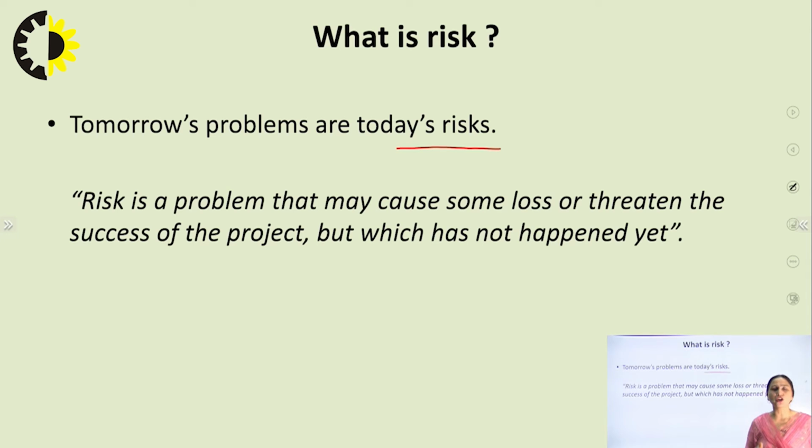That means some sort of issue which is going to threaten the success of the project, or due to which we can lose something, but that scenario has not happened yet, then we can say that this is the risk. So this is the problem which can cause loss or threaten the success of the particular project, but has not happened yet, which is what is termed as risk.